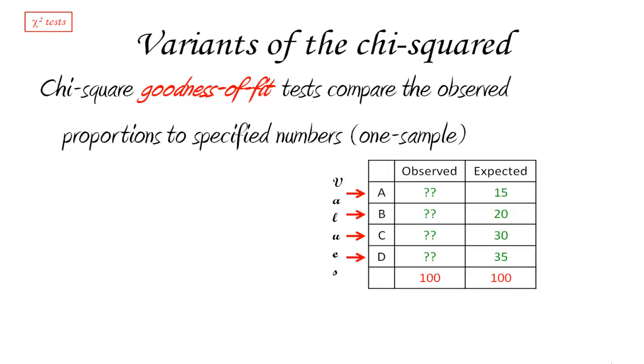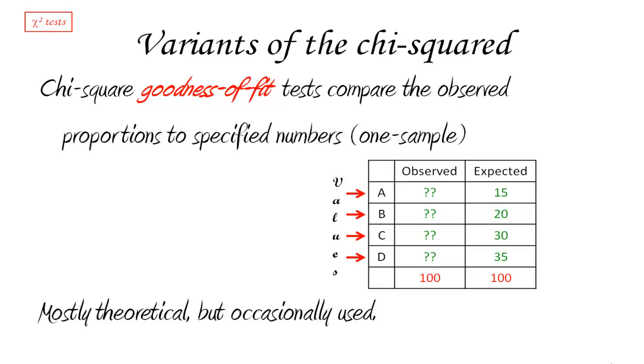So in that situation, we do a goodness of fit test. We collect data and we compare the observed frequencies with the expected ones. Now this is mostly a theoretical kind of test that is used mostly by theoreticians and epidemiologists and so on, but you will see it used in some situations in articles, so be prepared to have to use it.